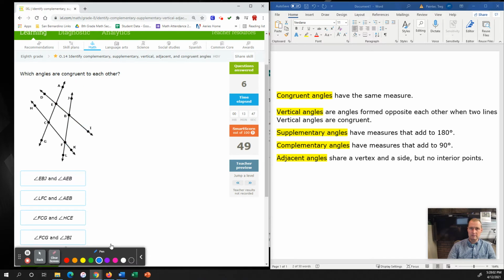Let's go ahead and check the second one. We got LFC. Let's find it. So the only angle that could be congruent to LFC is vertical angle KFB. And again, they're giving us an AEB. In fact, where is AEB?